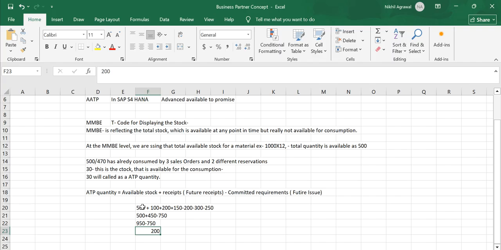We removed those reservations and freed that quantity, and as soon as we removed the reservation, the quantity was available as an uncommitted quantity. Committed requirement means the quantity that has already been allocated to different sales orders, deliveries, or reservations. That is called a committed quantity, guys.